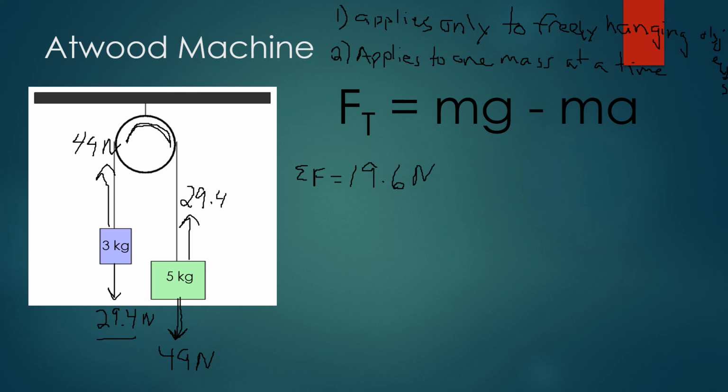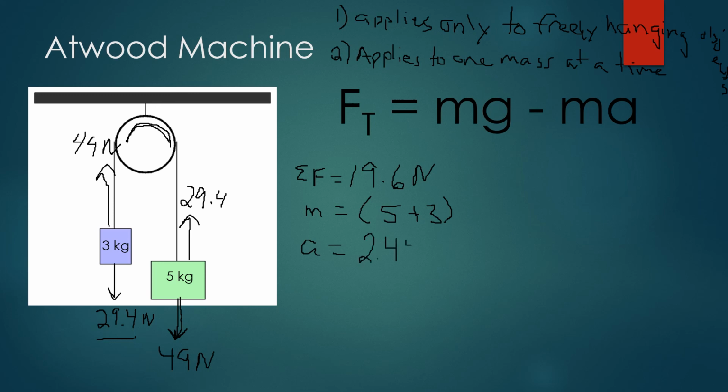And just like we did last week, the mass is going to be both masses together. You add the masses because they move as one. So both of those masses are going to experience that same net force. The 5 is experiencing that force down. The 3 is experiencing it up. So the acceleration is going to be the 19.6 divided by 8, which gives you 2.45.